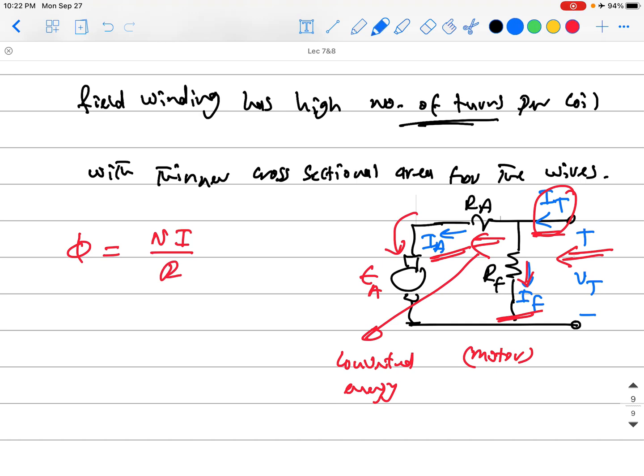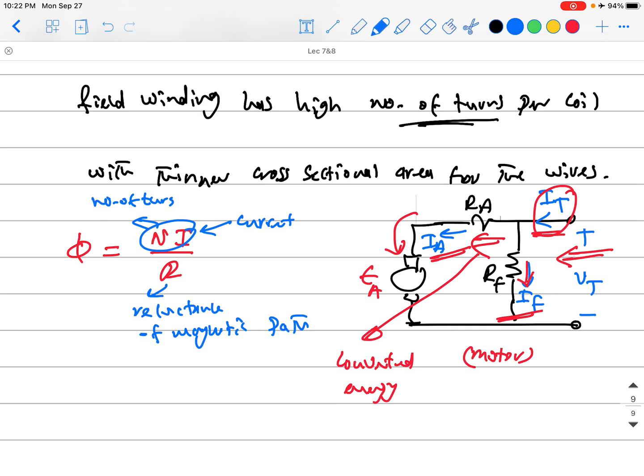N is the number of turns, I is basically the current, and the reluctance is the reluctance of the magnetic path. It is the equivalent of the resistance in electric circuits. So to create a certain amount of magnetic flux, it is basically the number of turns multiplied by the amount of current, divided by the reluctance, of course.